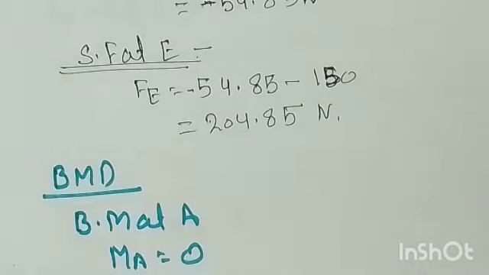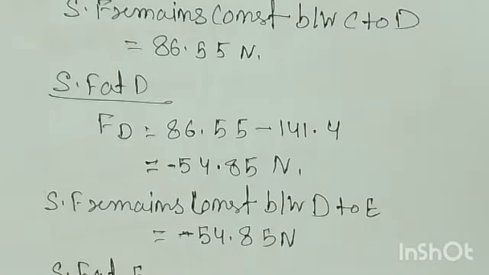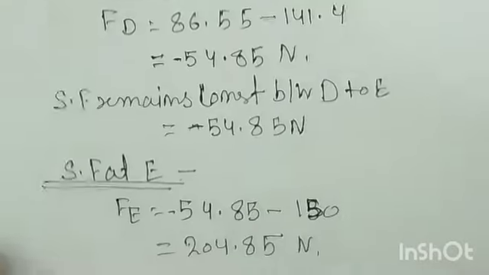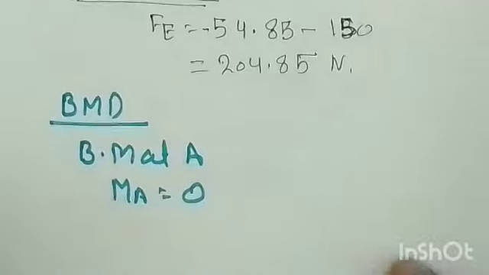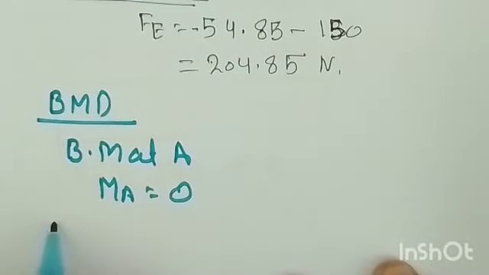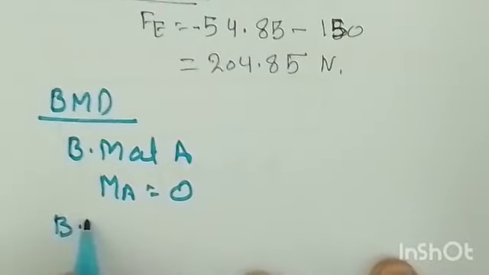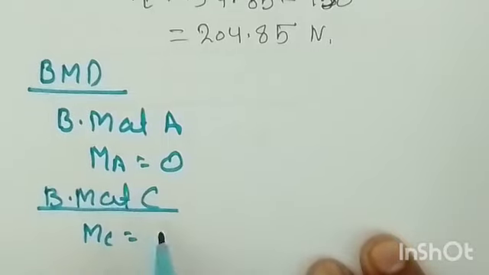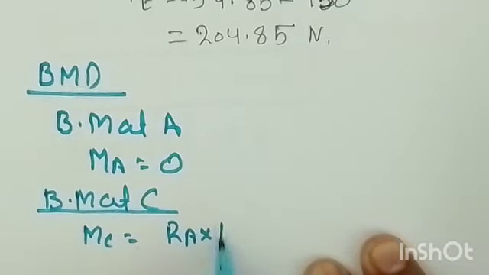So now we can say the bending moment at C is nothing but the force into the perpendicular distance. So the bending moment at C, that is MC, is equal to RA into 1.